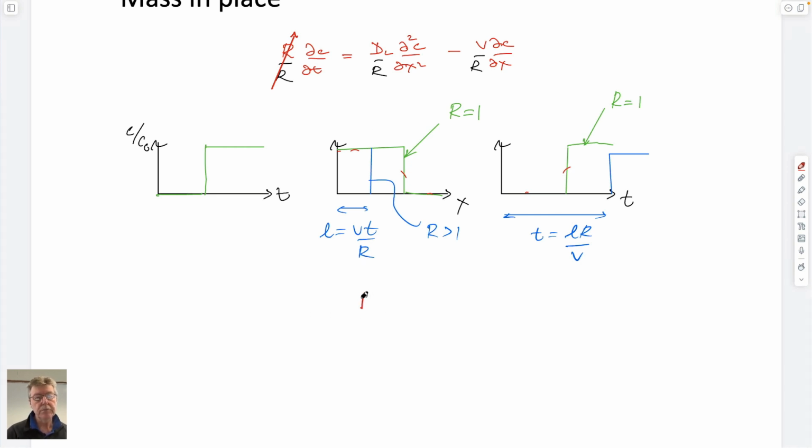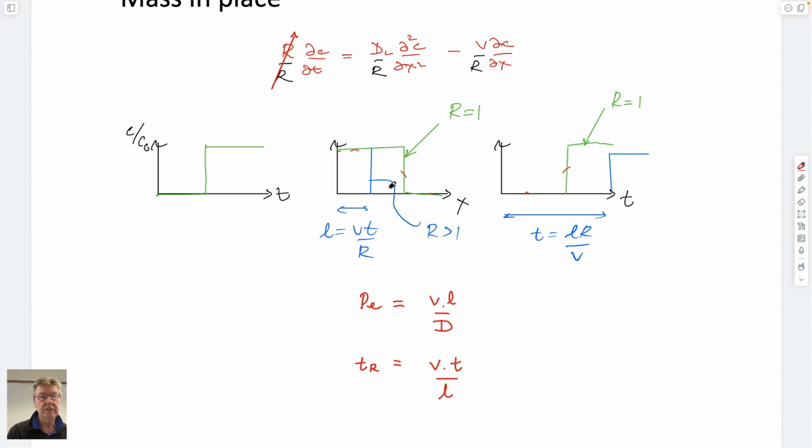I guess we also made the point about the Peclet number, which is velocity times length over dispersion, and the pore volume or Courant number, which was equal to the velocity times time over the length.